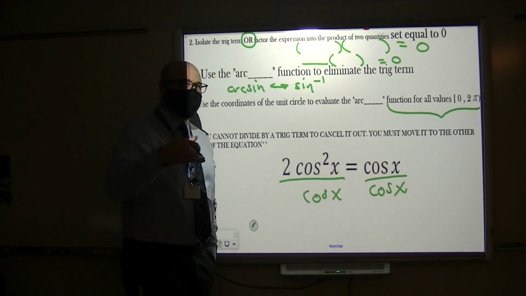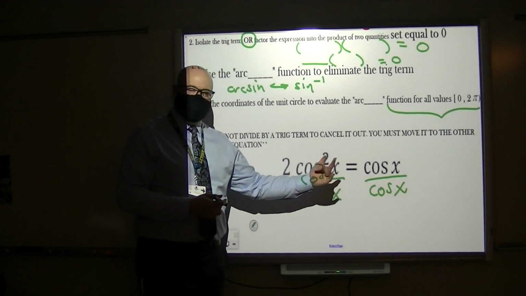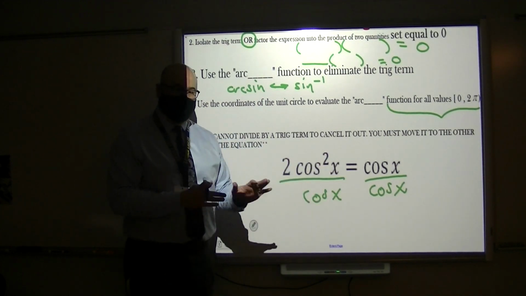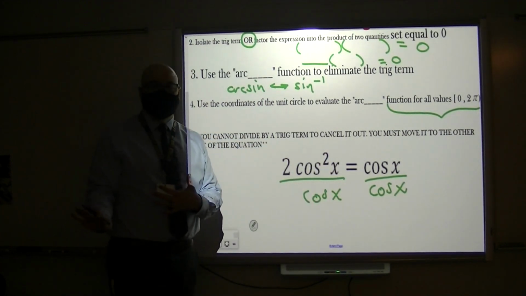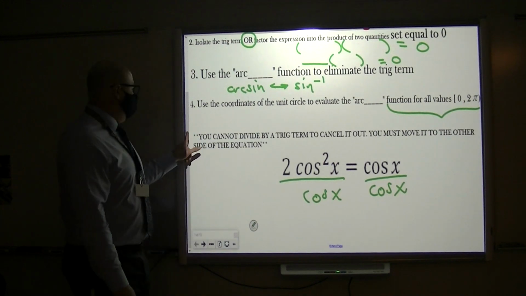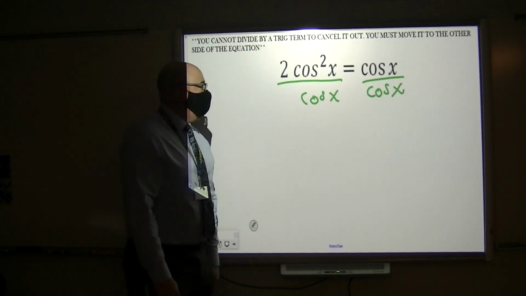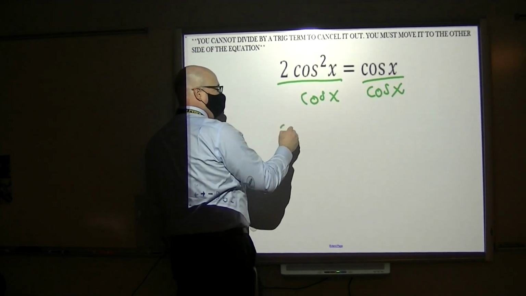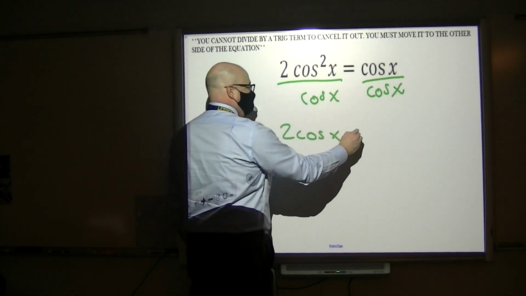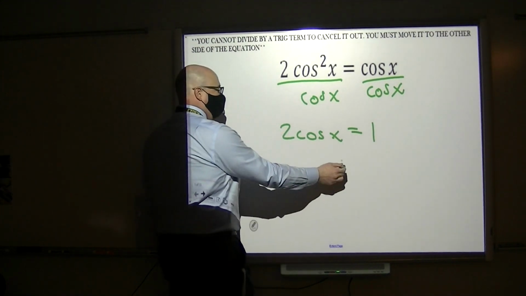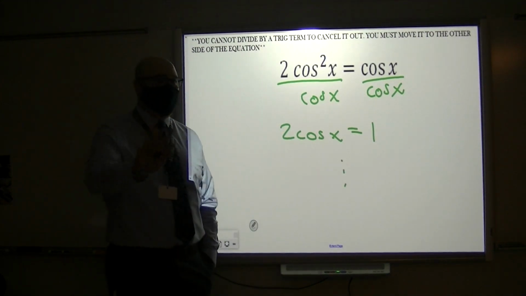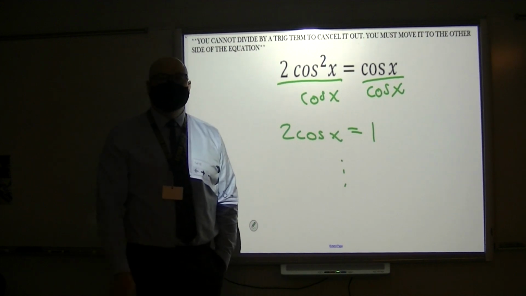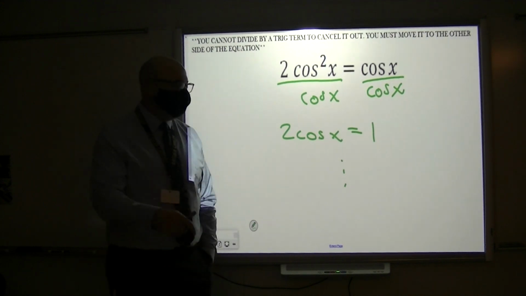Now the question is not, are these the same? The question is, these are the same, solve for x. It's kind of a step away from what we've been doing. Some of you are going to be tempted to do that, and what will happen is one of these cosines will cancel with this cosine, and that'll equal 1, and so on. You're going to be very tempted to do this. You cannot.